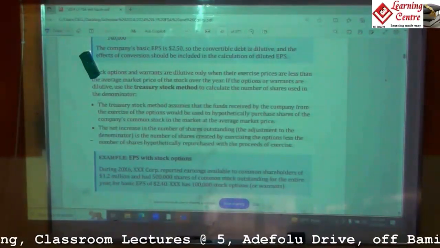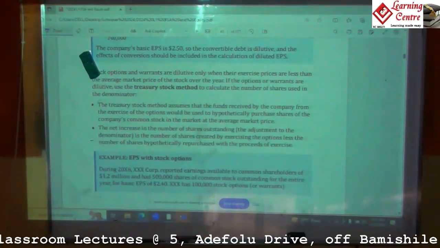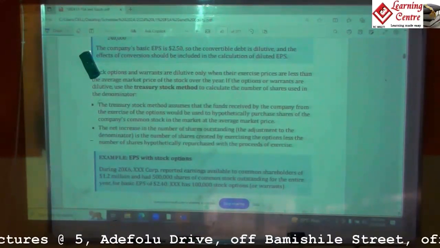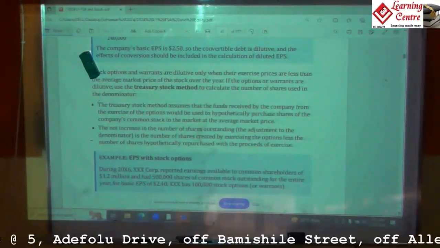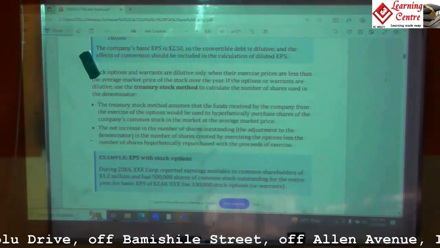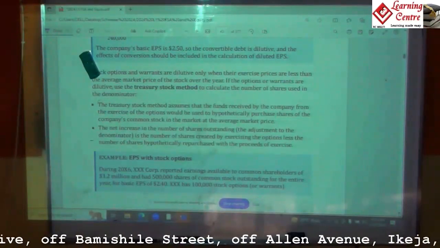So we looked at preference share, we looked at basic EPS, we looked at convertible debenture also. Now let's look at stock option. If you are converting stock option, how does it go? It is easy.